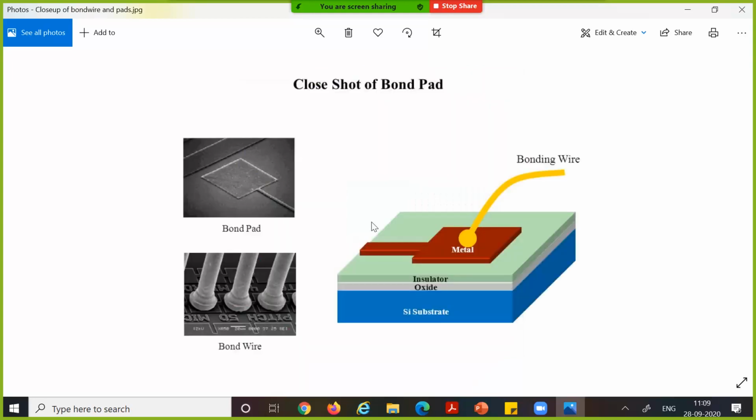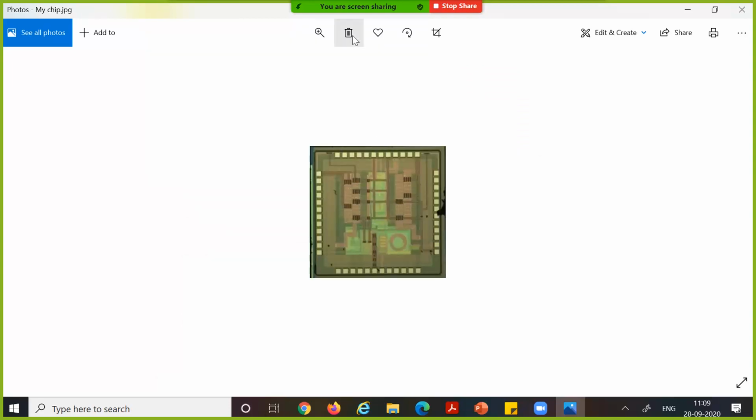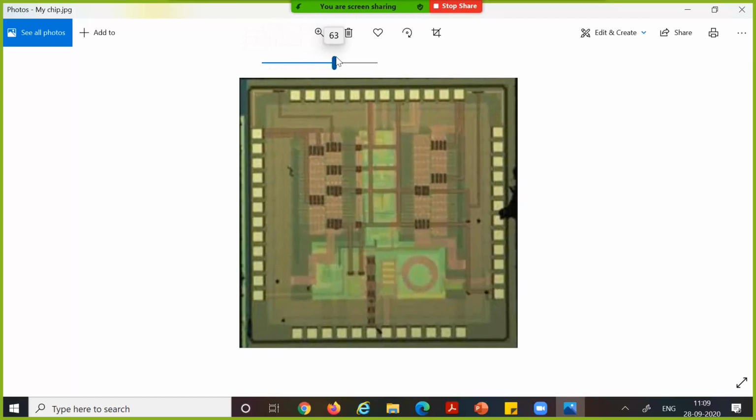Okay. Now, when you are an IC designer, your chip will look something like this. This is one of the chips that I was involved in designing. You can see that this is a 48 QFN. There are 48 input-output pads on this chip.